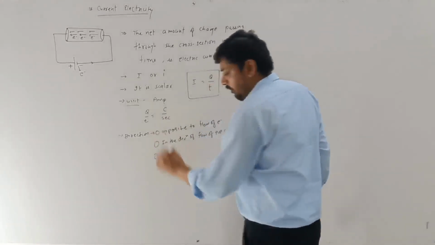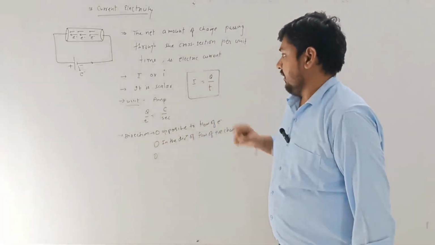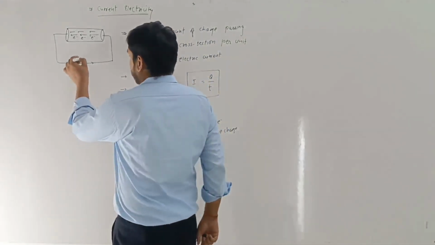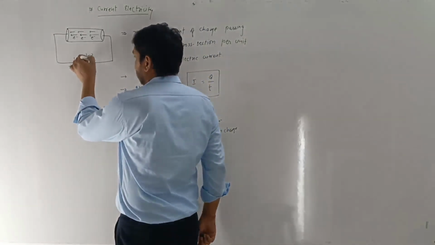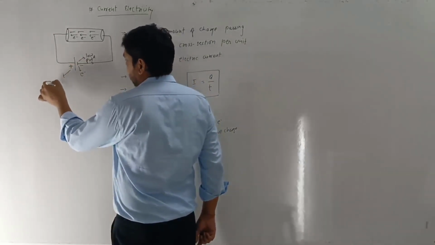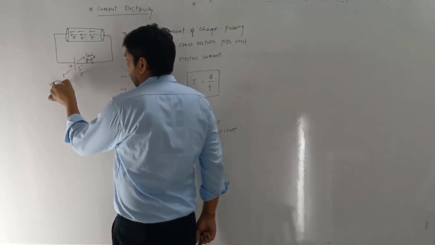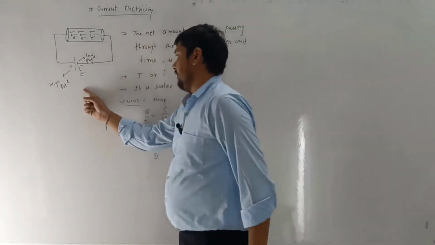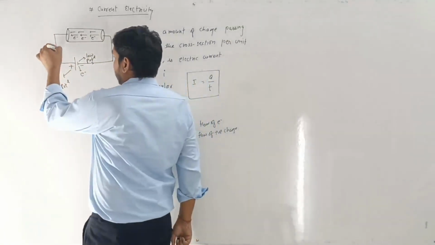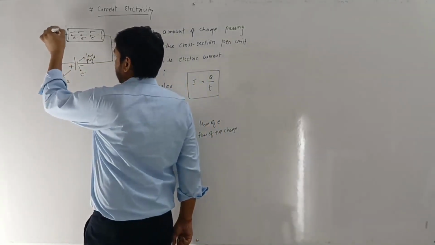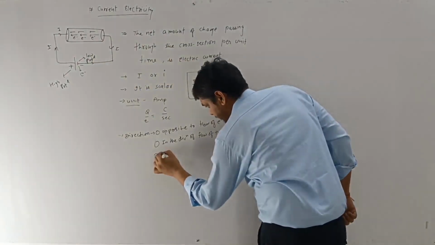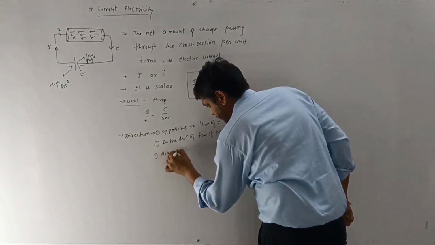In a circuit, what is the direction of electric current? We know the negative terminal is at low potential and the positive terminal is at high potential. So the direction of electric current in a circuit is from high potential to low potential.